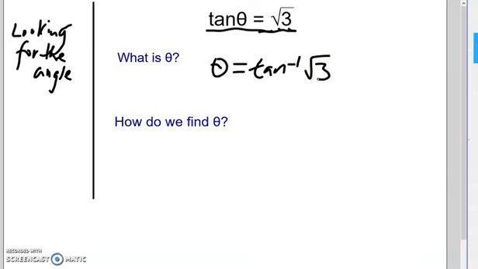So what we did was we took the inverse tangent of both sides and we ended up with this expression. Now this is very similar to the first one there. And we can also write theta is equal to arc tan square root of 3.